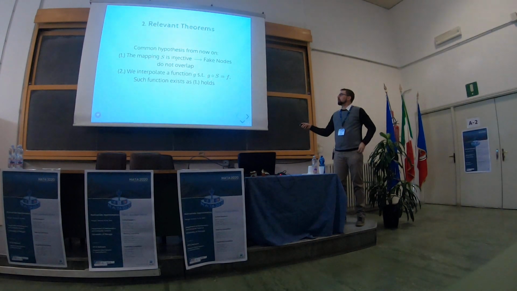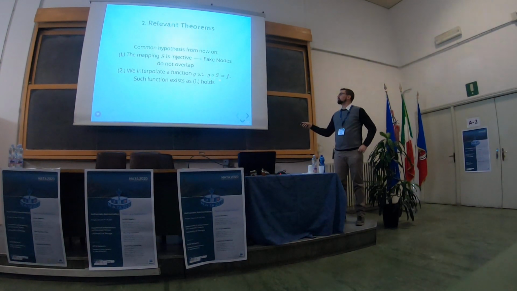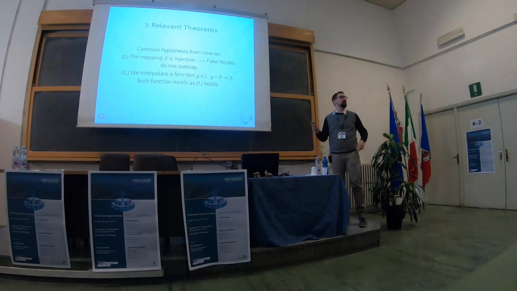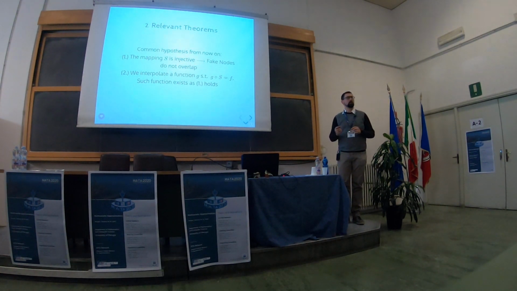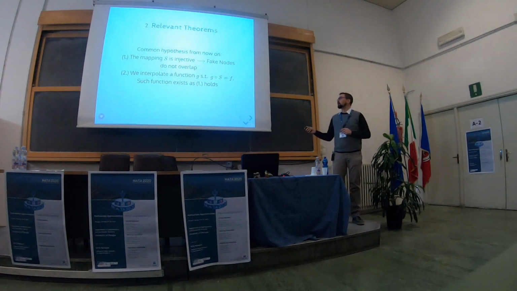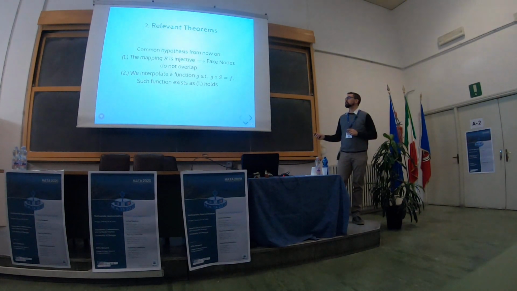And also, the function to be interpolated, g, is such that g composed with S is exactly equal to f, and not only on the nodes. So such a function g exists, not necessarily unique, provided the first hypothesis holds.